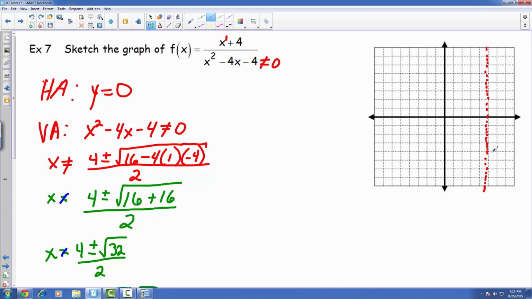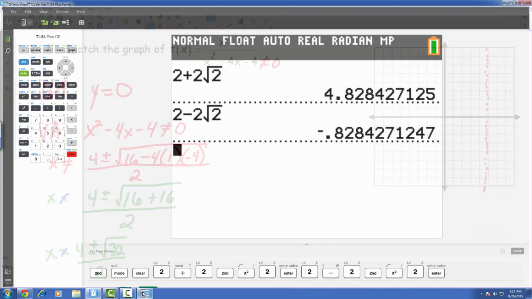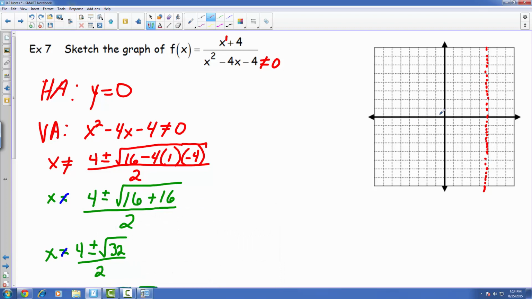So there's one of our VAs, and we said also negative, I just want to make sure it was negative 0.8. Yeah, so negative 0.8. So close to negative 1. Alright. Now let's go ahead and plot also our horizontal asymptote at 0.